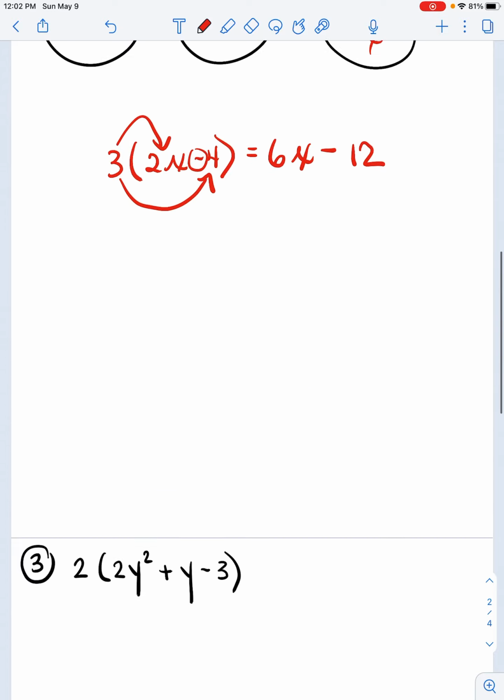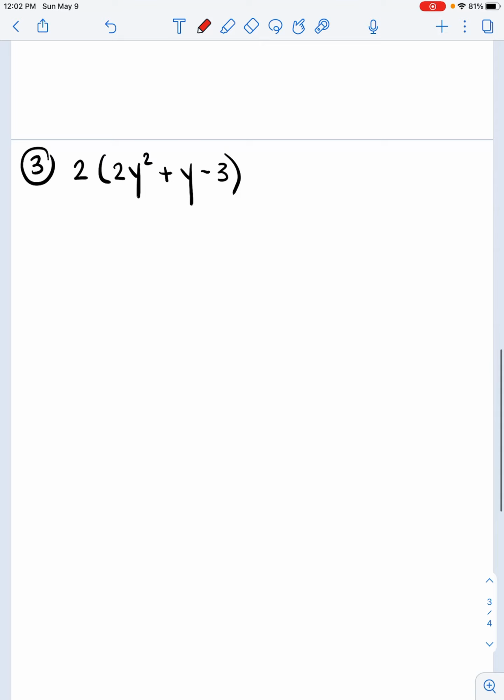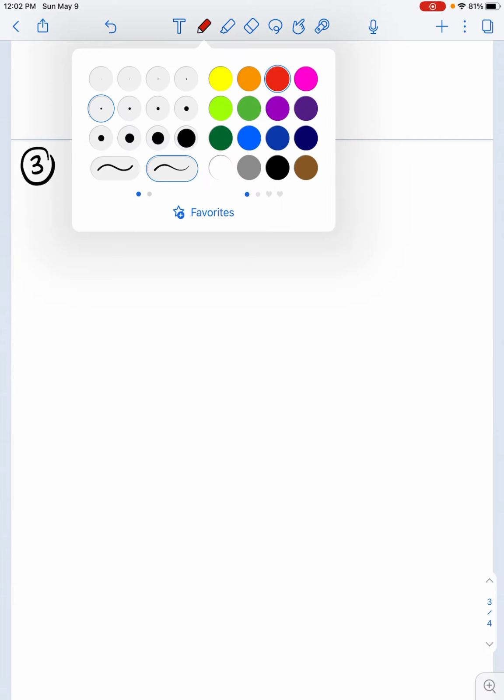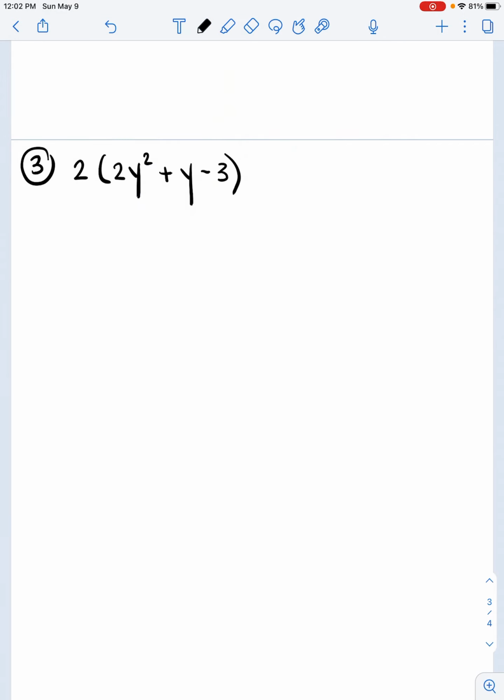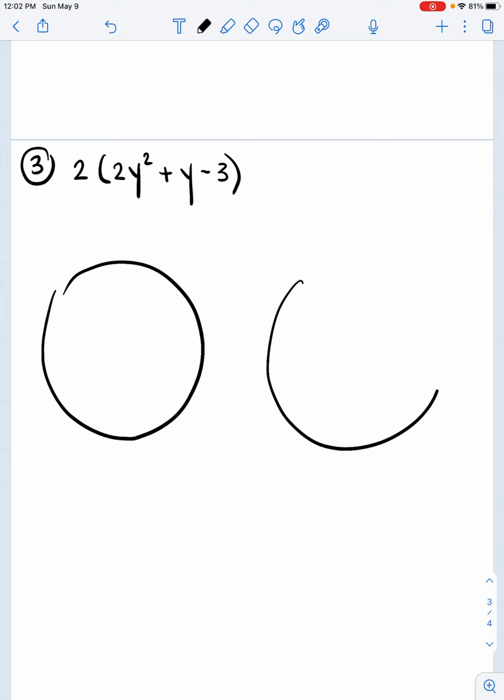Okay, one last example just to see that we can do this with any expression where the thing outside the parentheses, the factor outside the parentheses, is a number. If it's a variable, we don't know how many groups to draw, so we can't do it that way. But as long as we have a number, so in this case, 2 groups. Each group has 2y squareds.